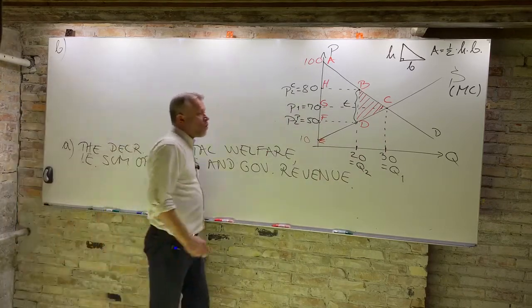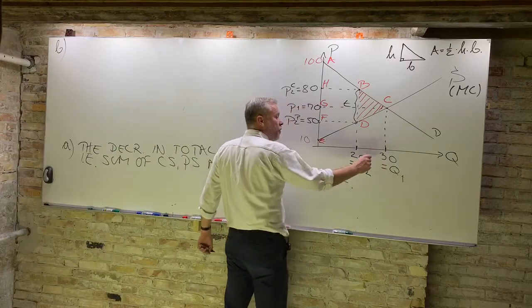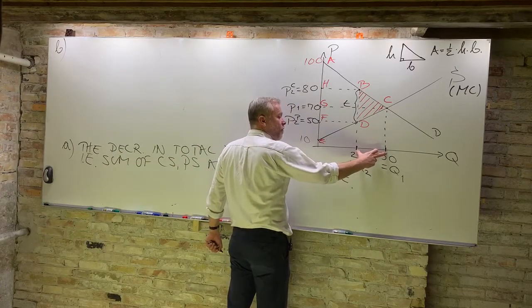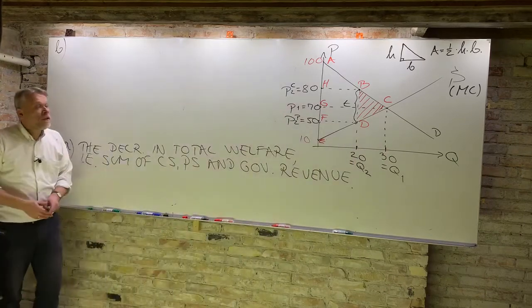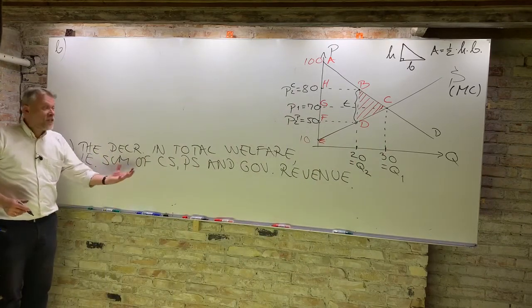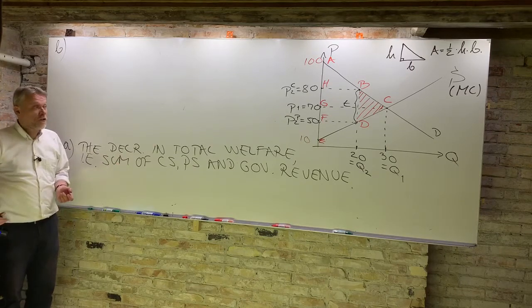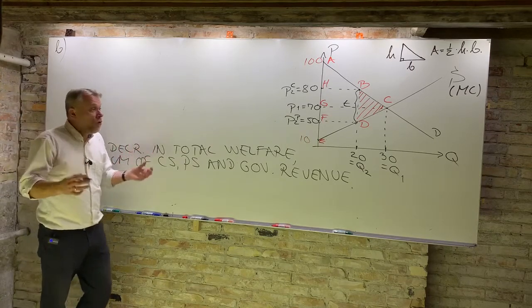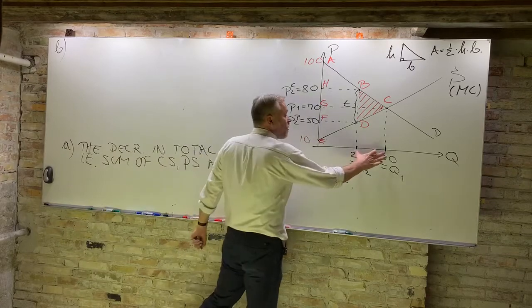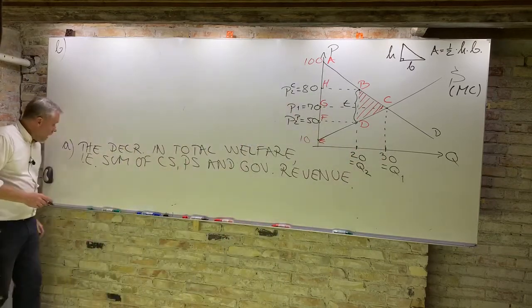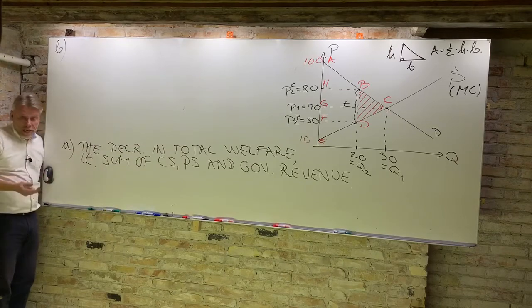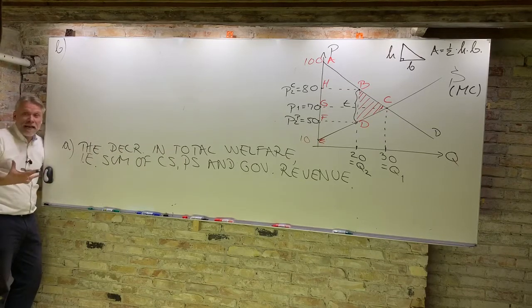The good thing, of course, is that if society has to produce only 20 units rather than 30 units, then surely some costs must have been saved. It costs less to produce 20 units than 30 units. And from a welfare point of view, that's a good thing. It basically means that some people can stay home from work and go fishing with their kids instead.